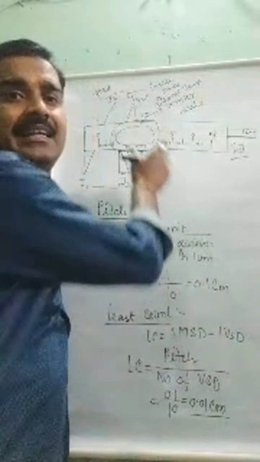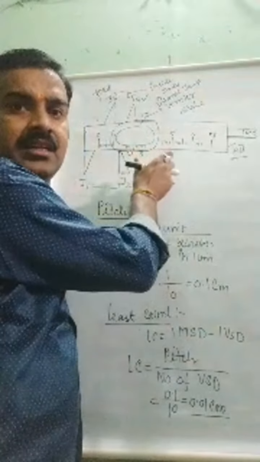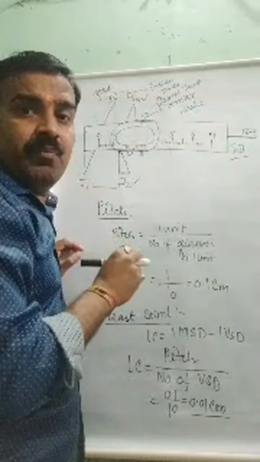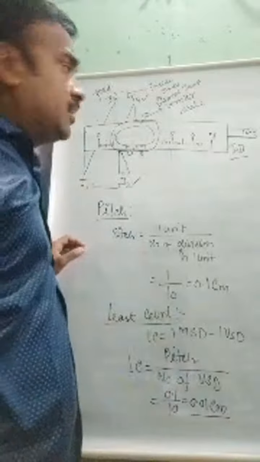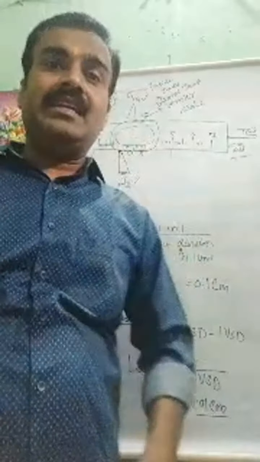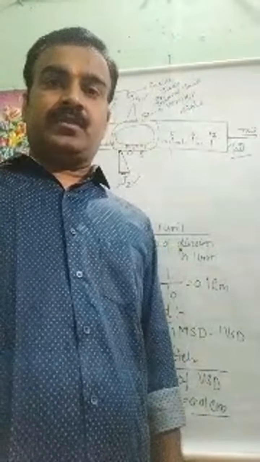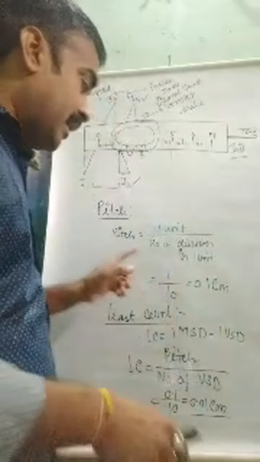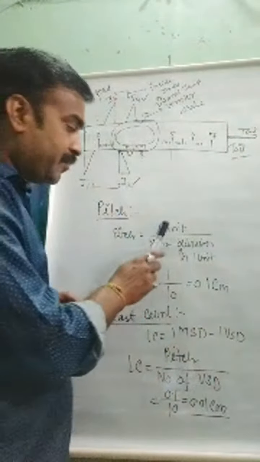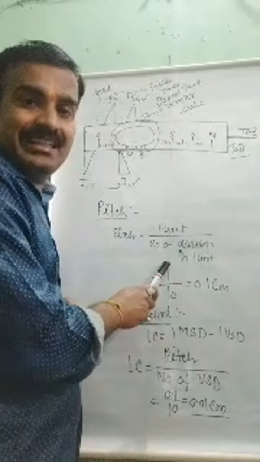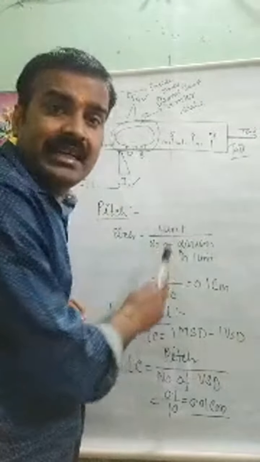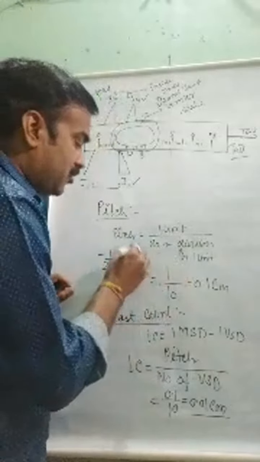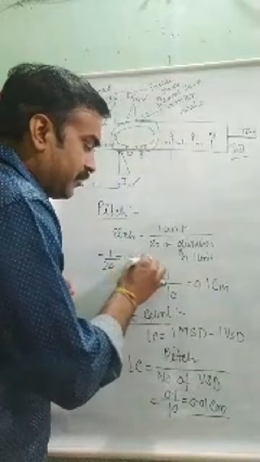I am taking an example. Suppose generally we get 10 divisions in the Vernier scale. But suppose in place of 10 divisions there are 20 divisions, then the pitch amount is going to change. Suppose here in 1 unit there are 20 divisions. So 1 upon 20 will be 0.05 centimeter.